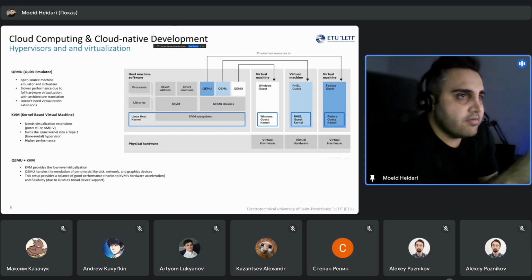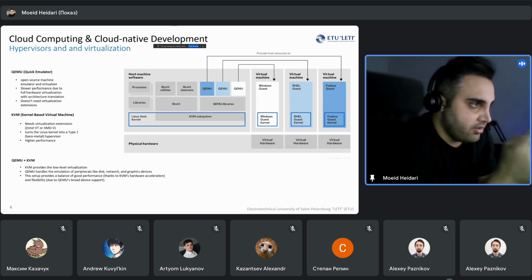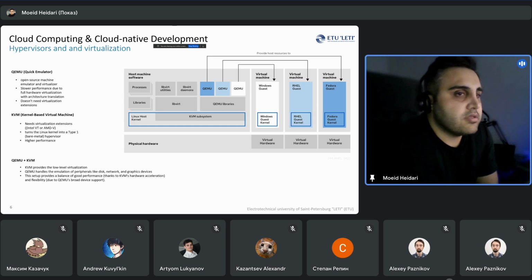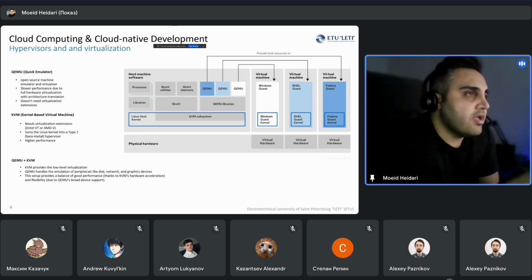If you are in a condition where you have virtualization enabled on your processor, then this KVM can create virtualization for you. Later in some slides ahead, we will talk about these tests also, and we will show how to check if your processor is going to support it or not.